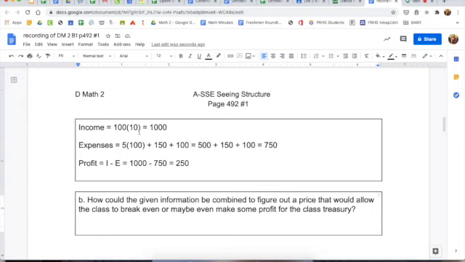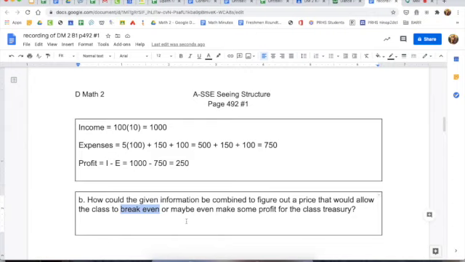Somewhere in between charging $5 for a ticket and charging $10 for a ticket, our profit went up. This is a weird word that we're going to see a few times. Break even, a weird phrase. To break even means that you make $0, and that doesn't sound very desirable.